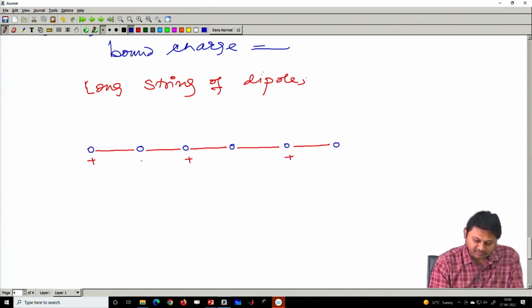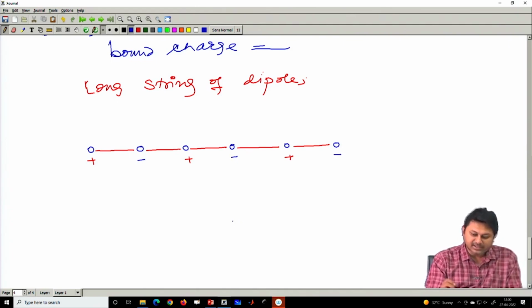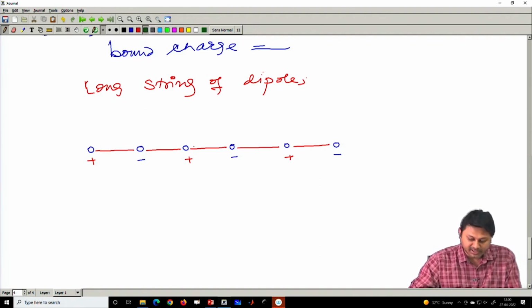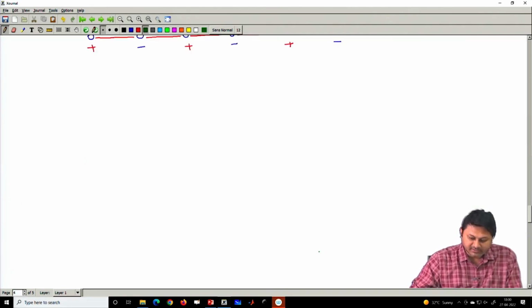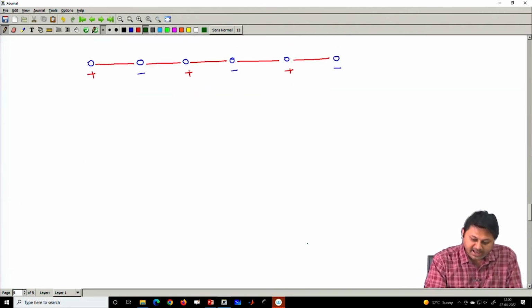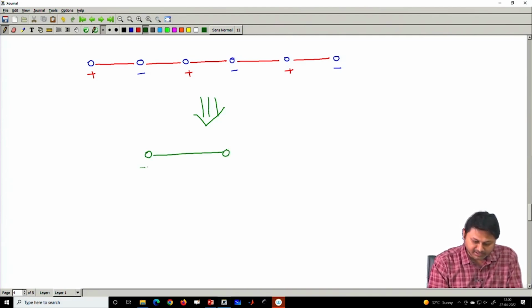That is simply equivalent to, because the plus charge and minus charge in between cancel each other out, an equivalent system where we have only the leftover charges at the boundaries, minus here and plus here.